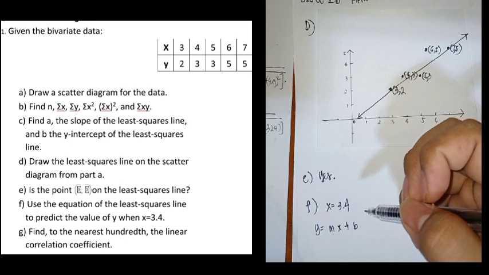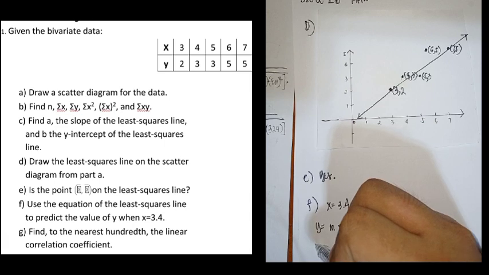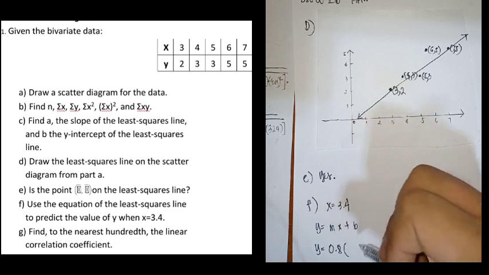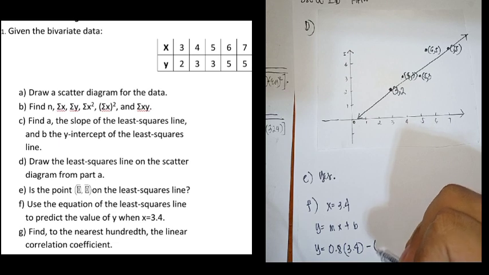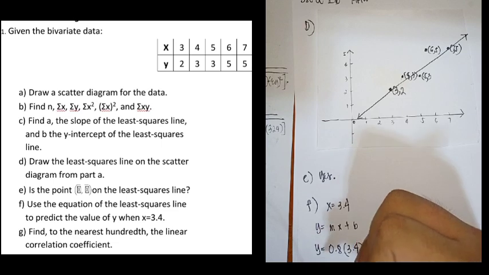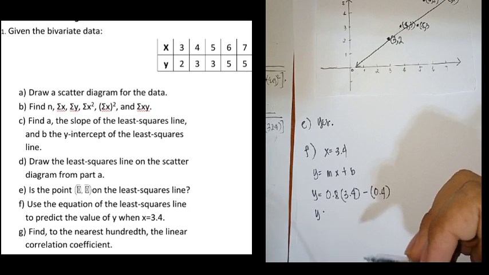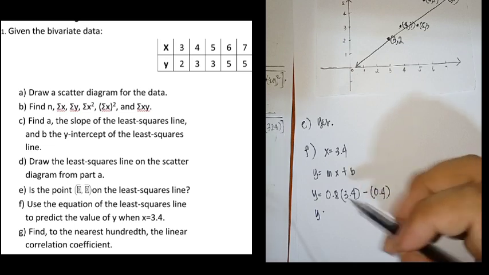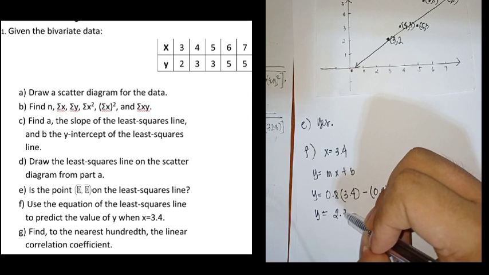So y is equal to m, which is 0.8, times 3.4, minus 0.4, the value of b. So y is equal to 2.32.